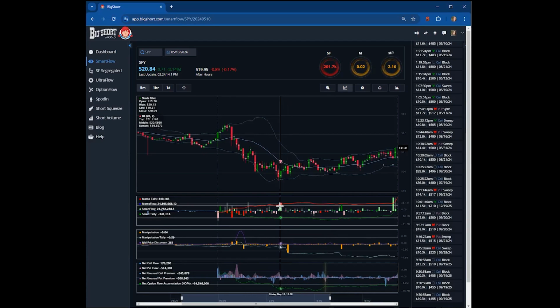The shadow is how much Momo is buying, and the light green part is how much Smart is buying. So on this bar, it's about 60% Smart buying and 40% Momo buying. Wait, again, the shadow represents Momo? Exactly.